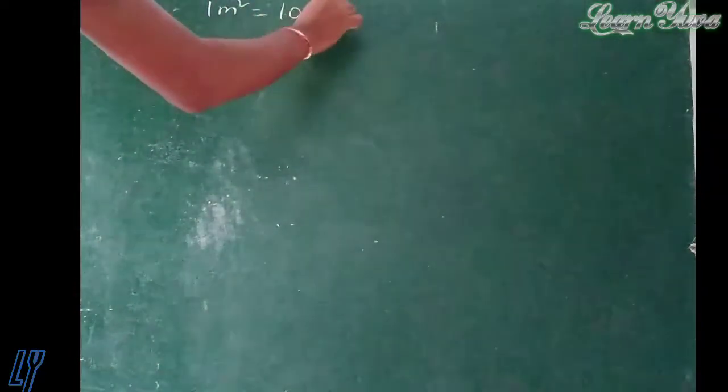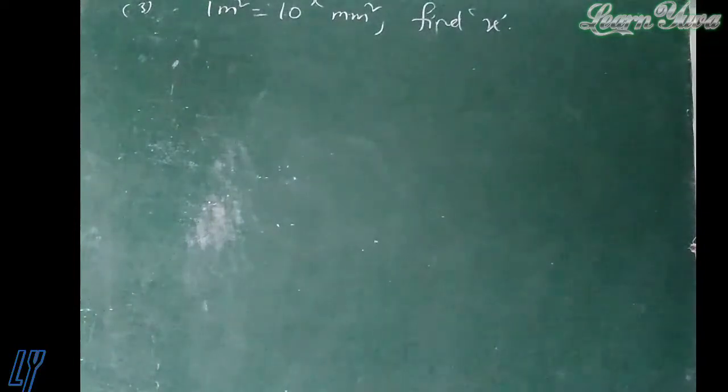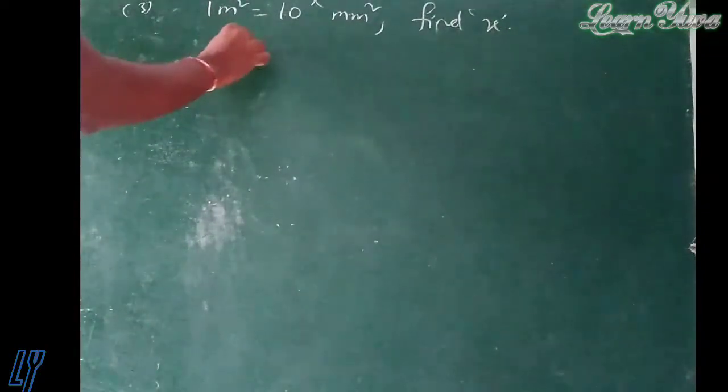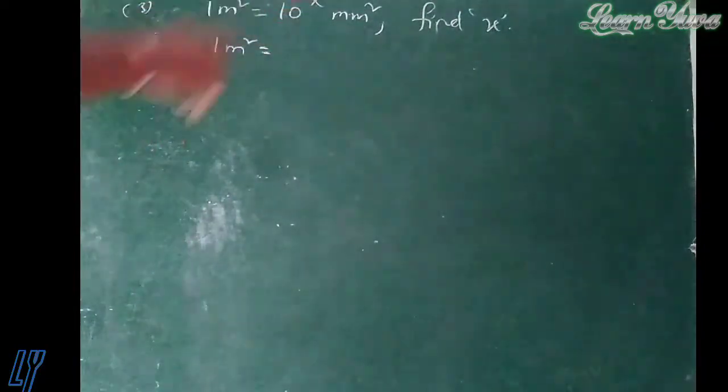Here 1 meter square is equal to 10 power x millimeter square. Find x. So 1 meter square is equal to dash millimeter square.